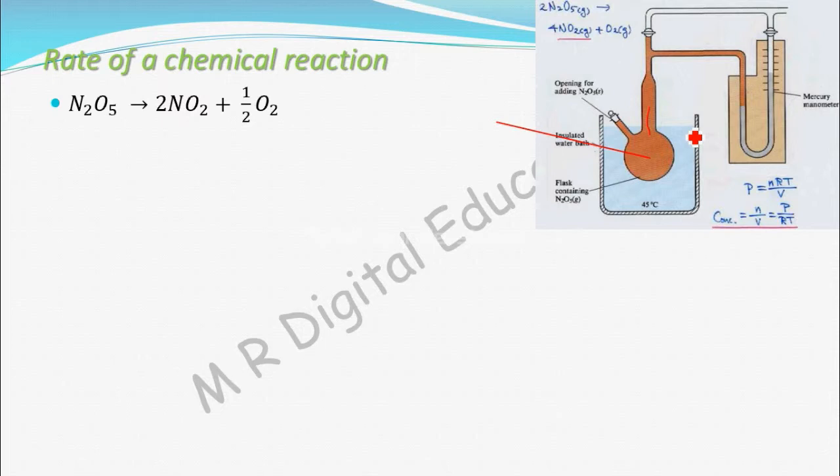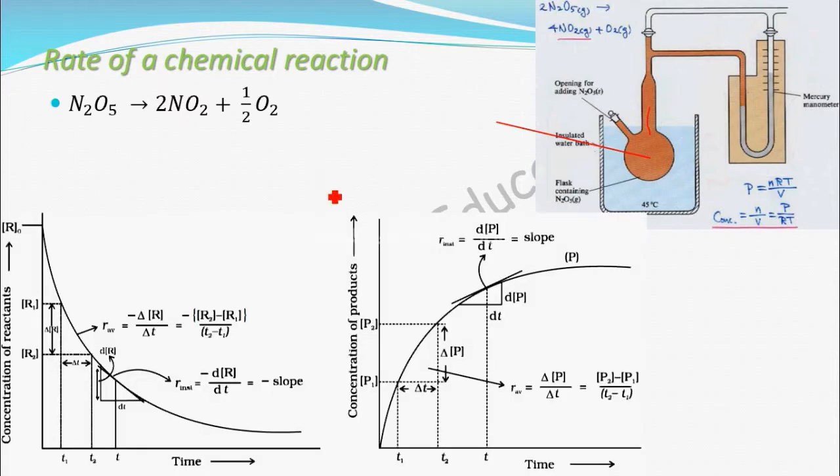Let's try to draw a graph of concentration of reactants versus time. See, this is the graph. This is the concentration of reactant axis and this is the time axis. In this graph, as time goes, that is as the reaction goes, the concentration of reactant goes on decreasing.